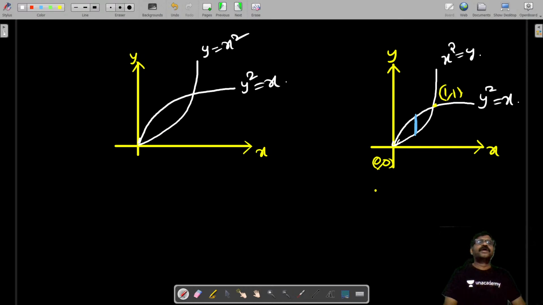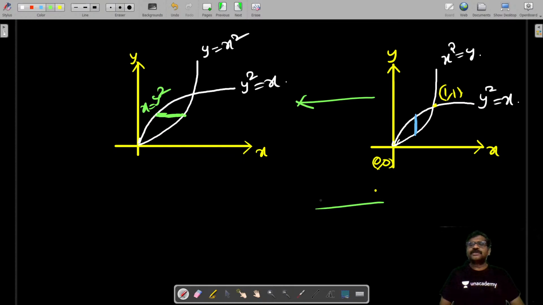Now I am going to fix a horizontal strip. If I fix a horizontal strip, the lower limit of the horizontal strip is x equal to y square. For a horizontal strip, this is the lower limit, this is the upper limit.